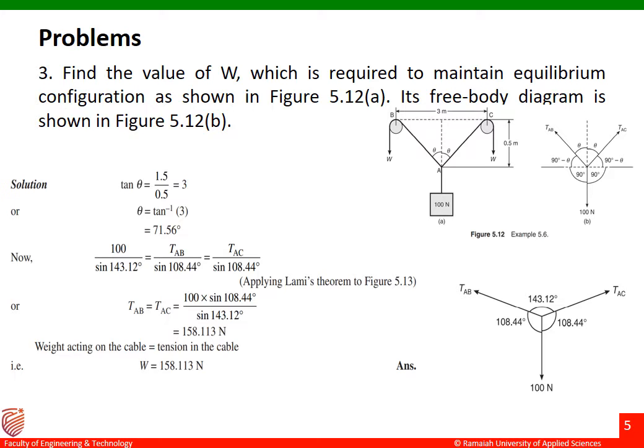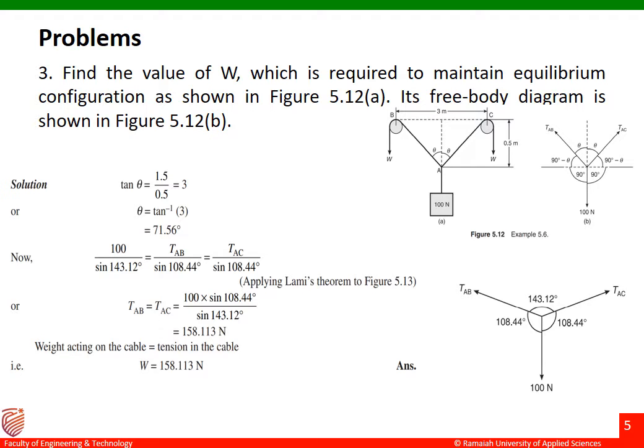Find the value of W which is required to maintain equilibrium configuration as shown in figure. Its free body diagram is shown in figure 5.12. Okay, so in this case, both the question, that is diagram, as well as the free body diagram is given to you. Your only thing is you have to find out the weight in order to maintain the equilibrium.